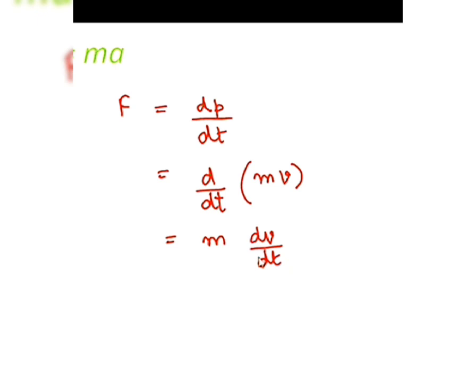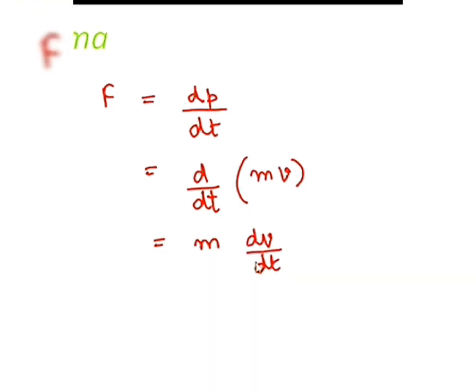Now, what is the rate of change of velocity, from our previous chapter? dv by dt means rate of change in velocity. We have studied this in the previous chapter. The quantity which talks about the rate of change of velocity is acceleration.